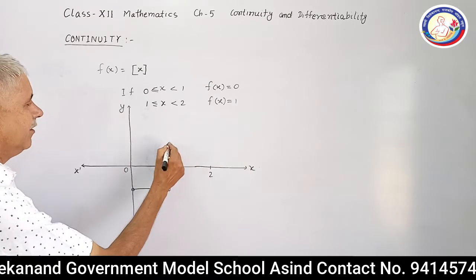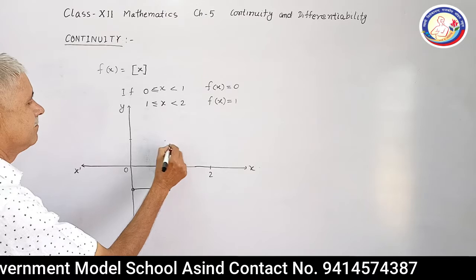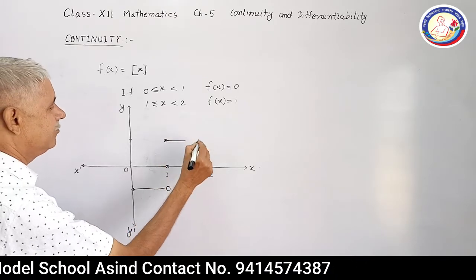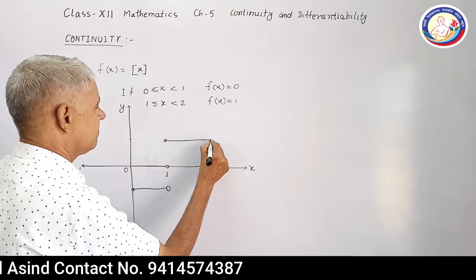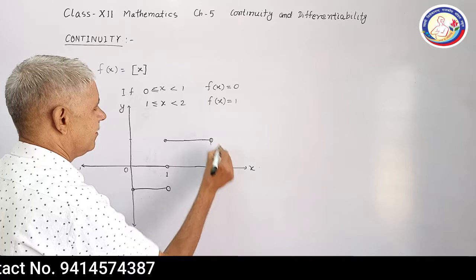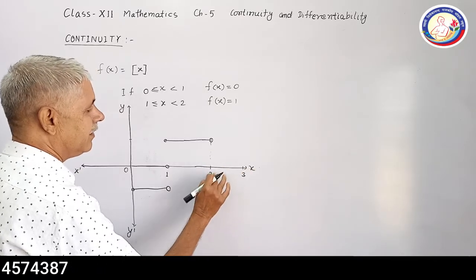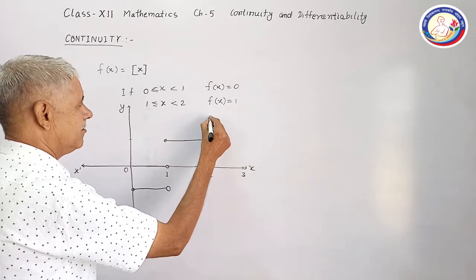At 1, the value of function will be 1. Say this is 1. And up to 2 or less than 2, the value will be 1. Here, from 2 to 3, less than 3, 2 and more than 2 and less than 3, this will be 2.